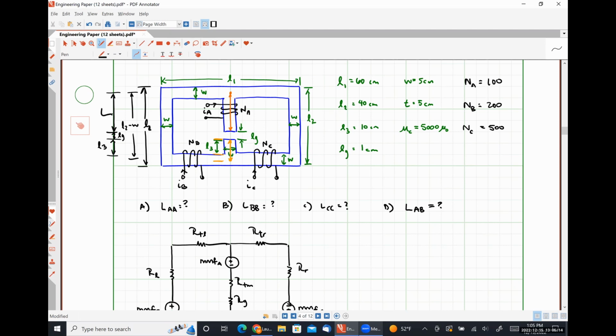This bit right here is L2 minus W minus a gap length minus L3. Okay, that's how we got it for top middle.